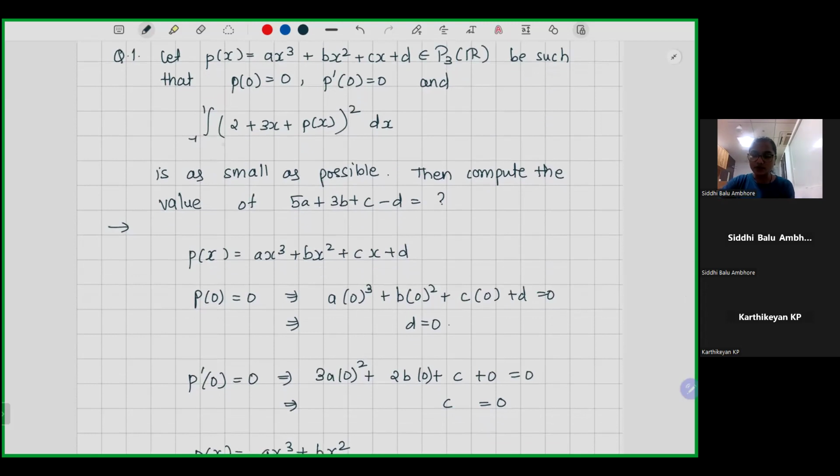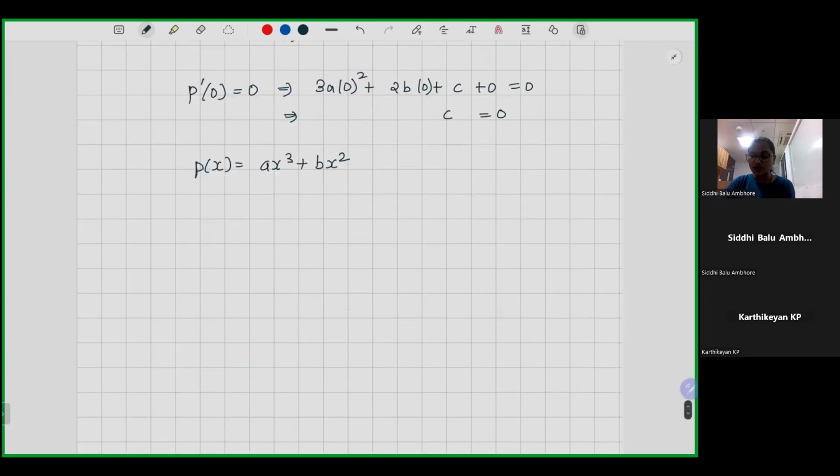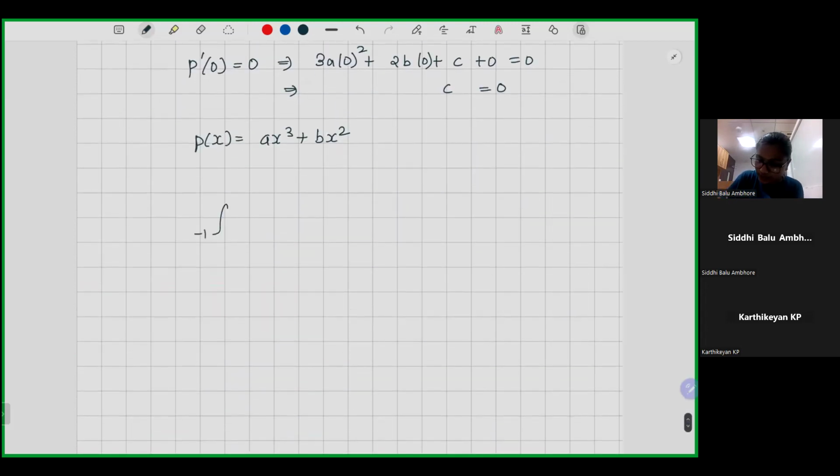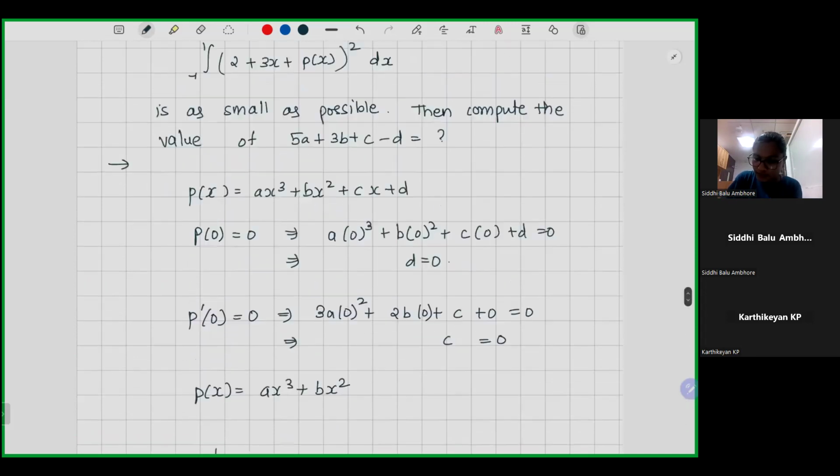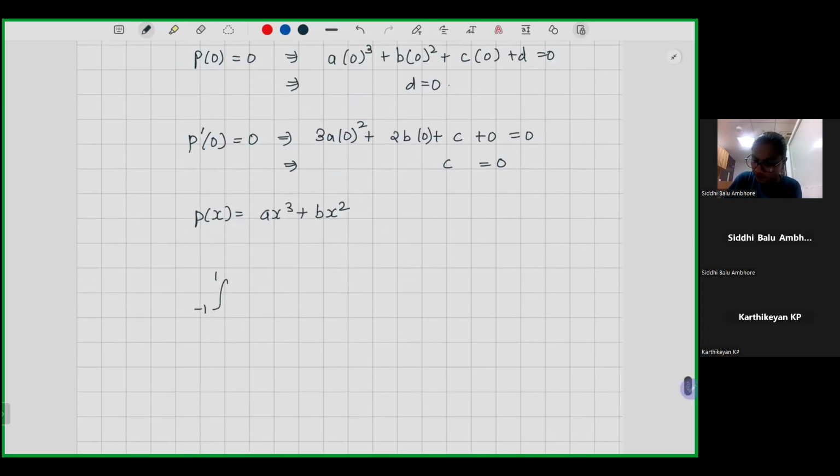And the value of the integration from minus 1 to 1 of 2 plus 3x plus p(x), squared, dx is as small as possible. So let us try to see what it gives us.